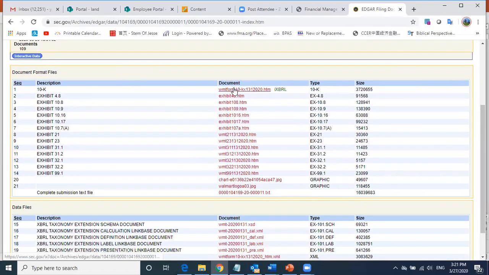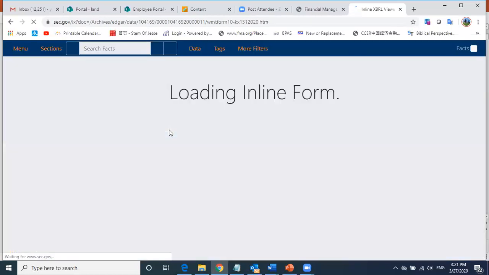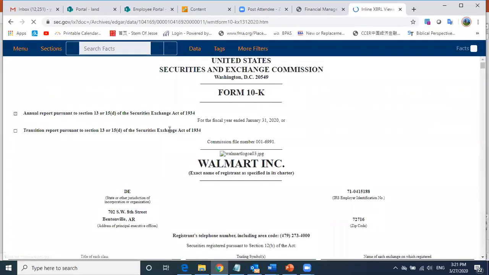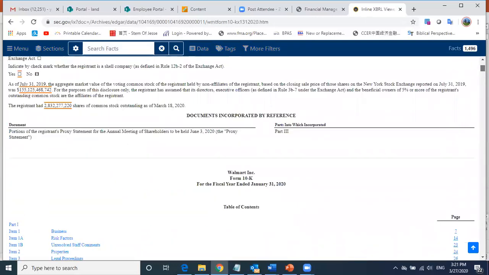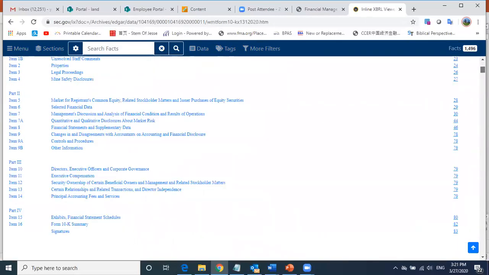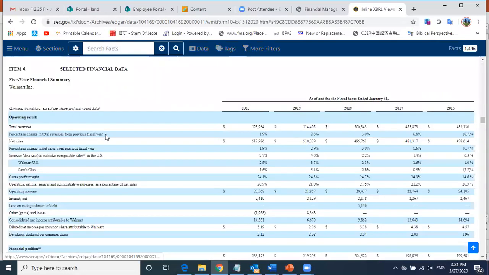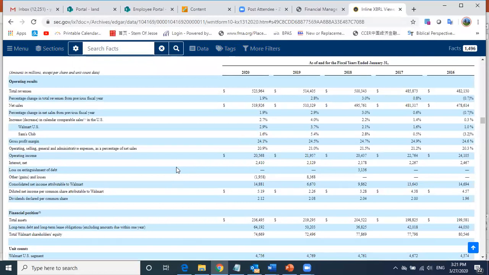That's where you can get this financial data, right? When you click on those forms, you will have the financial data. That's what we do.